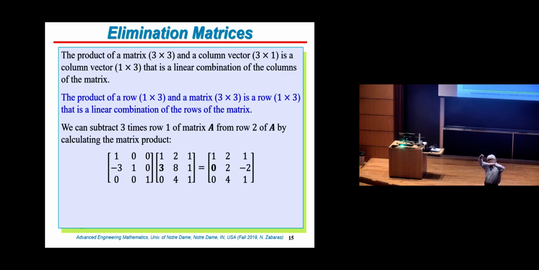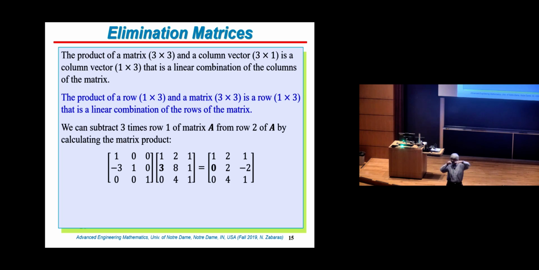A row vector with a matrix, the row vector being on the left. The resulting vector is a combination of, from lecture 4, think of the matrix as row 1, row 2, row 3, and then the row vector.